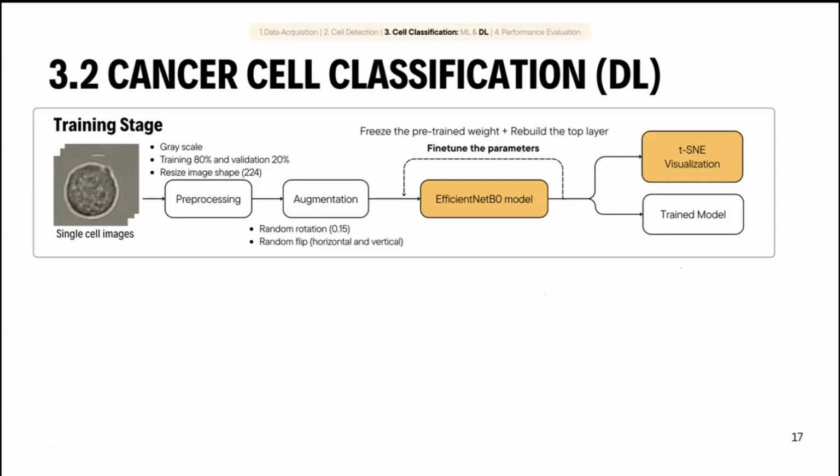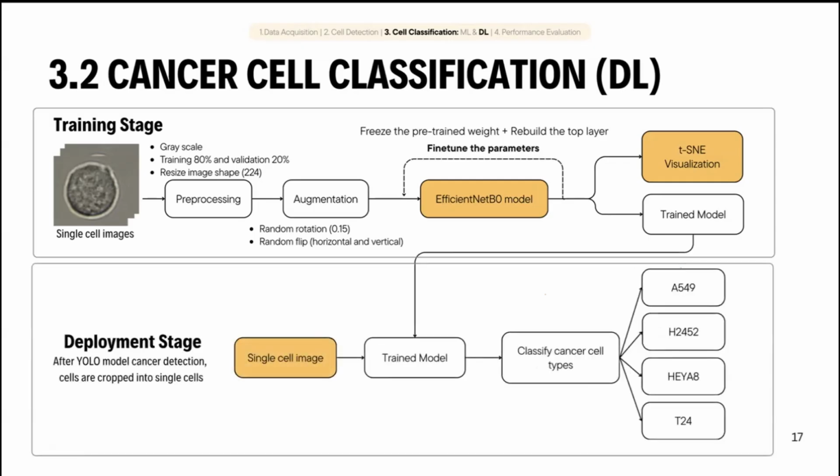And the trained model is evaluated by TSNE visualization and confusion matrix, along with the classification report. Additionally, we also fine-tune the hyperparameters by freezing the pre-trained weights and retraining the top layer to improve the model performance. And in the same way, the cropped cell images from YOLO will be used on the trained model to predict the class of the cancer cells.